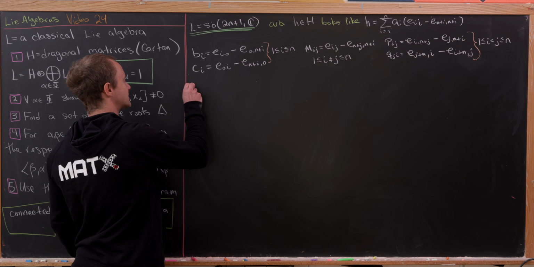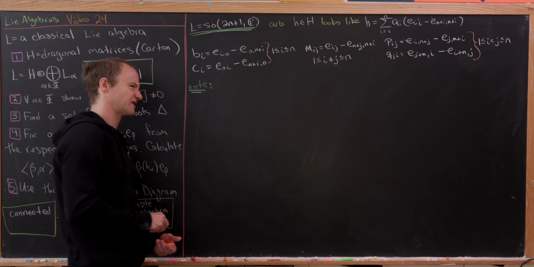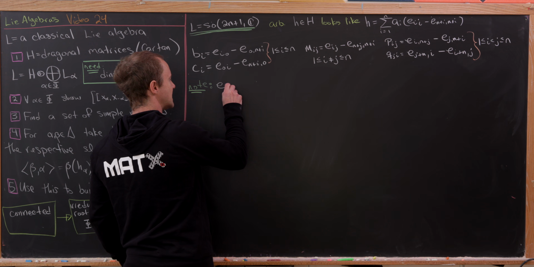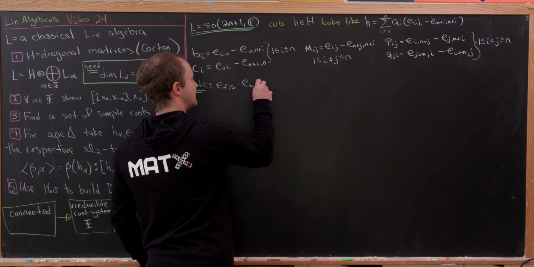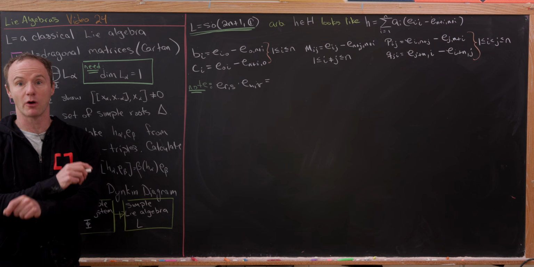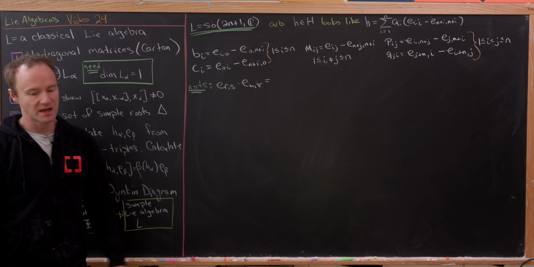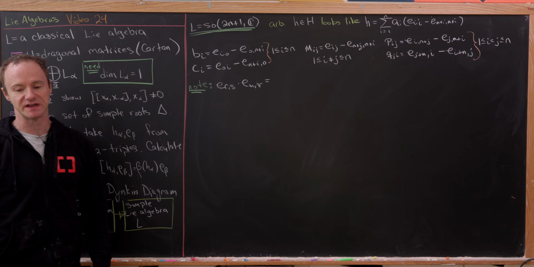Now I'd like to start with an observation, which is really just a linear algebra fact. If we take ERS and multiply it into EUV, what are we going to get? This is a matrix where we have a 0 everywhere except for the RS spot where we have a 1, and this is a matrix where we have a 0 everywhere except for the UV spot where we have a 1.